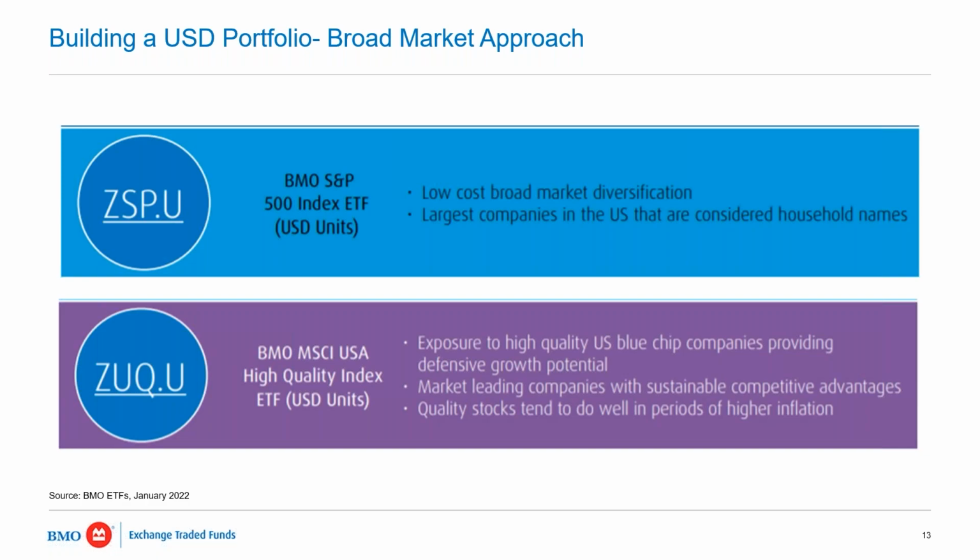This is what we would call a smart beta approach, where it has an element of market capitalization weighting, so weighted by the largest companies like the S&P. But it also takes exposure to higher quality companies within that. So it looks for high profitability companies with consistent earnings and companies with low debt.